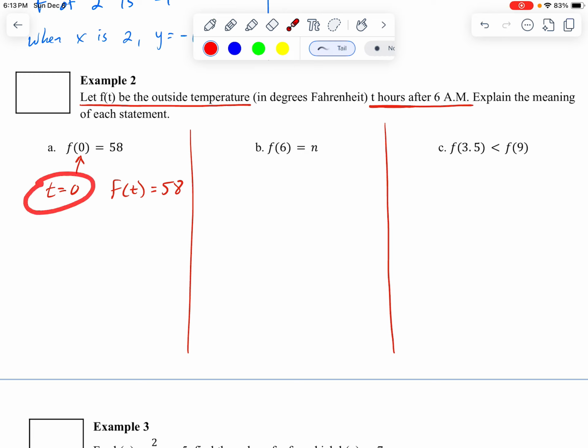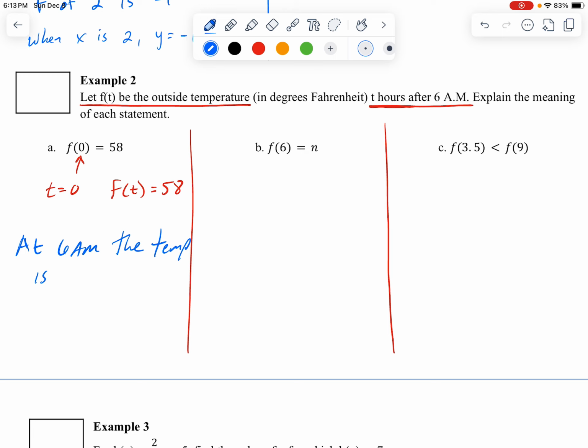Remember, t is hours after 6 a.m., so 0 hours after 6 a.m. is 6 a.m. And then our temperature, f of t, is 58 degrees. If we're interpreting this, we could say something like this: at 6 a.m., the temperature is 58 degrees.